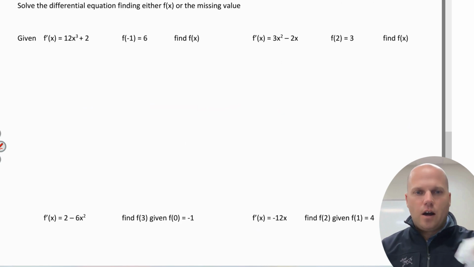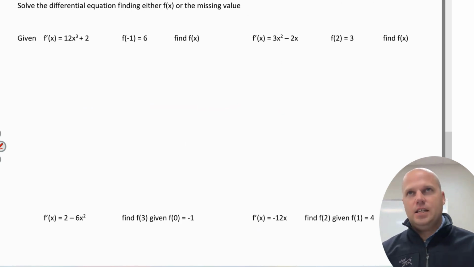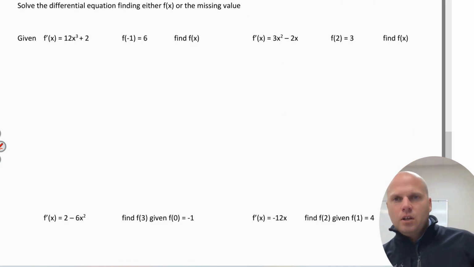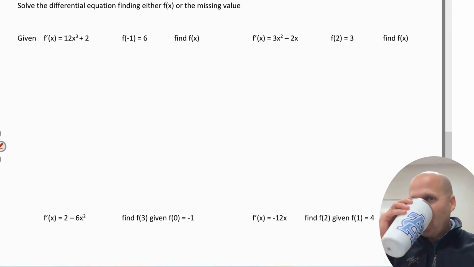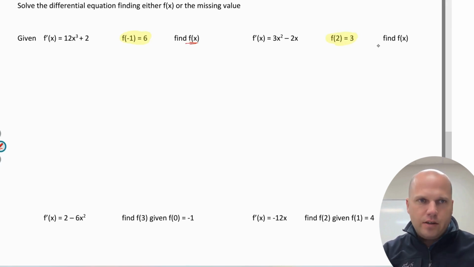All right, now we are solving differential equations. These are the steps of finding C, and either finding just the function f of x, the specific function, or finding the missing value that's asked for. So for these questions, we have this extra piece of information, and pay attention to what you're trying to find, whether it's a value or just f of x.